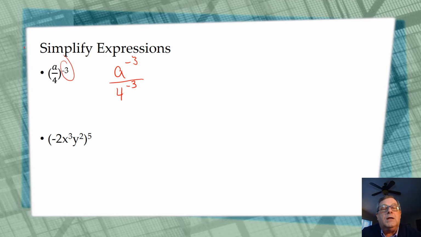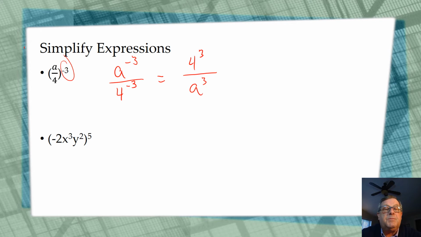All right, well, let's see. Well, a raised to the power of negative 3, since that's in the numerator, that's going to put that a to the negative 3 in the denominator. It's going to flip it down. And then we've got 4 raised to the power of negative 3. It's in the denominator. It's going to move it up to the numerator.